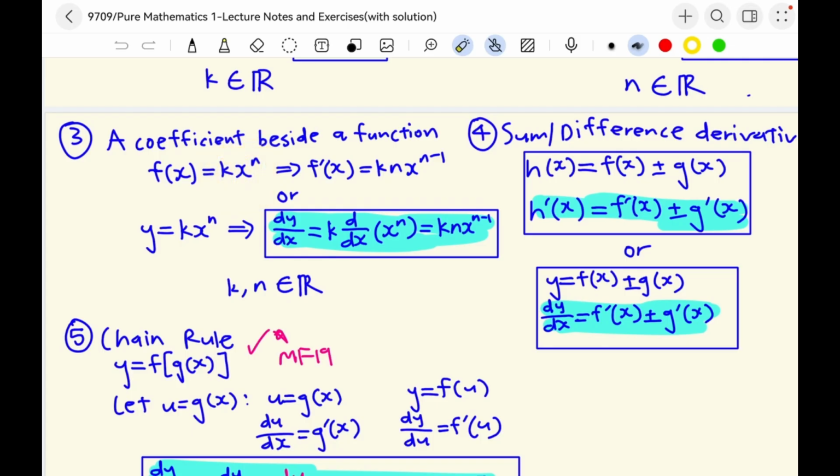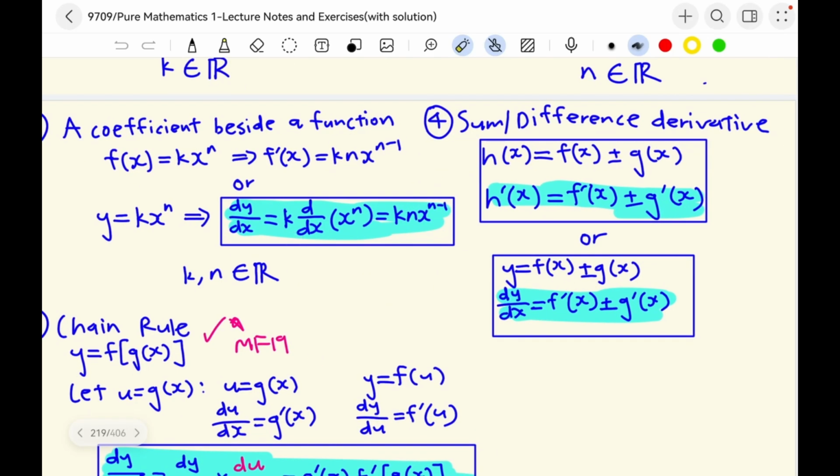Then you differentiate the function inside, where k and n belong to real numbers. Or we can say that the dy/dx of the given function y equal to k x to the power of n is k taken out, times n times x to the power of n minus 1. Remember this.